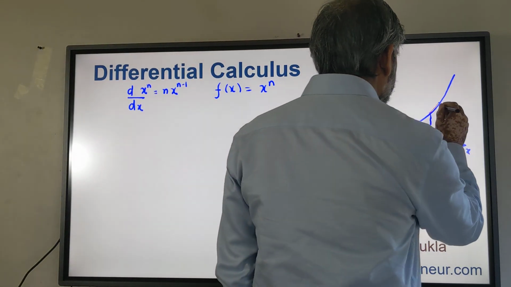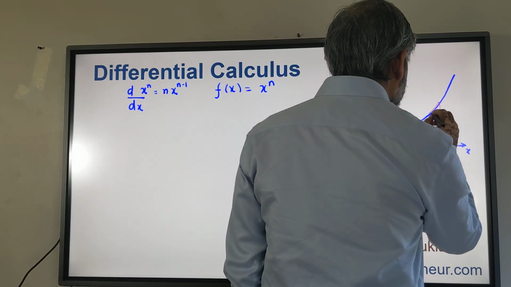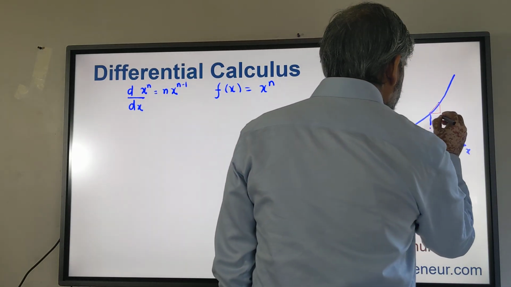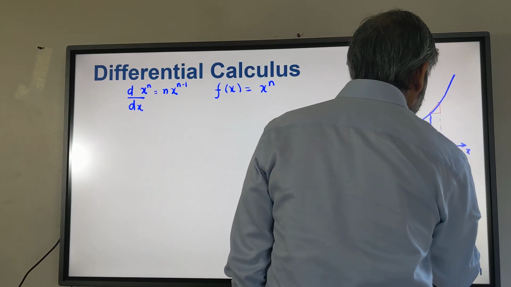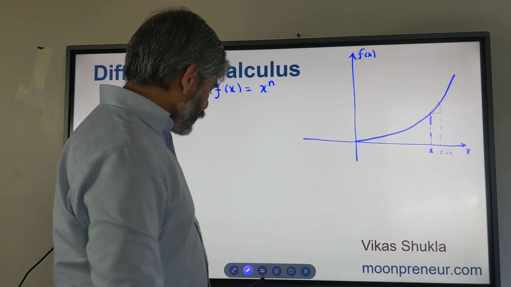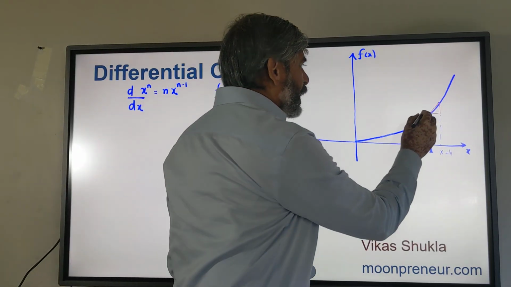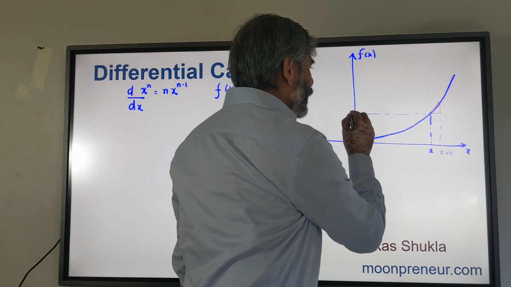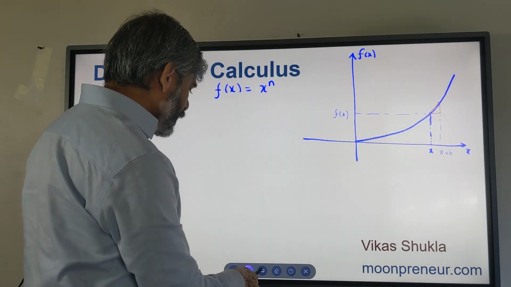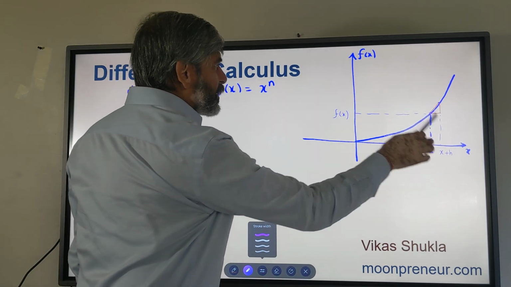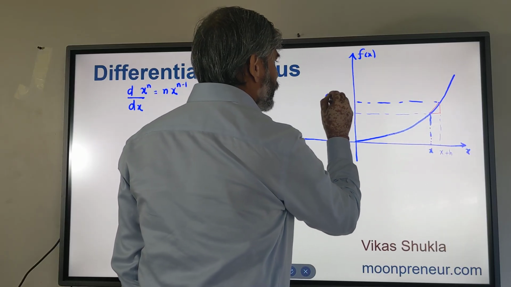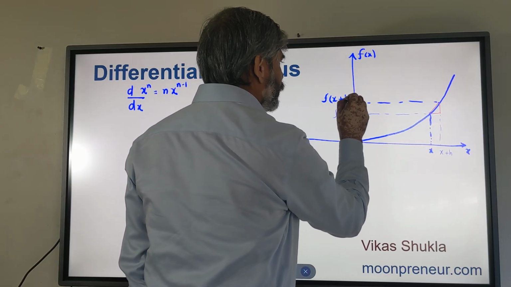This point is at x, and the point very near to this one is x plus h. The value of this function at x is f(x), and the value of the function at x plus h will be given by f(x plus h).